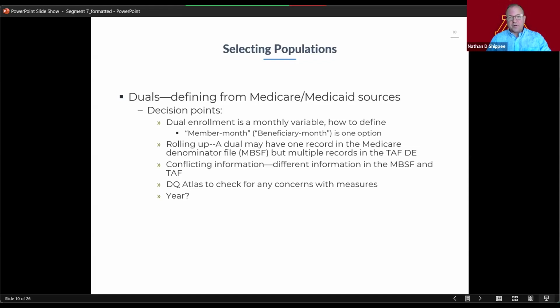So how do you combine that information from the TAF-DE with the single line MBSF representing the same individual? Depending on what we were doing, we actually had to address it in a couple of different ways, so there's not one way we did that. But that's one issue.